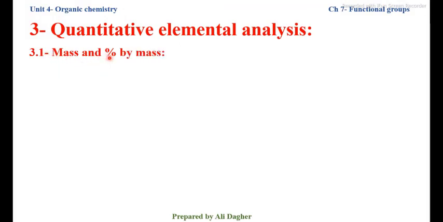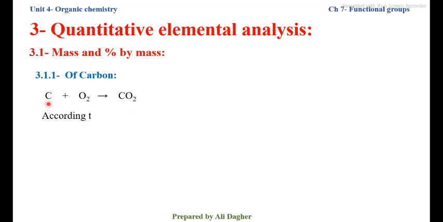3.1 Mass and percentage by mass. How can we determine the mass and percentage by mass for each element? First, the carbon atom. Carbon, when burned by complete combustion with oxygen gas, produces CO2. Then carbon atoms in the organic compound are transformed into CO2.